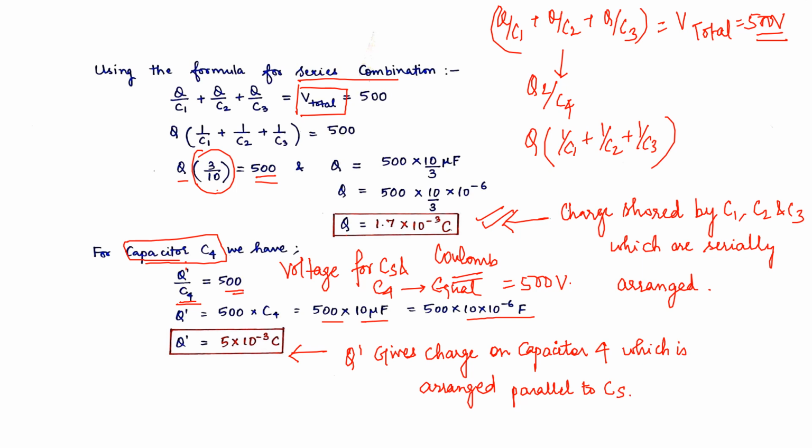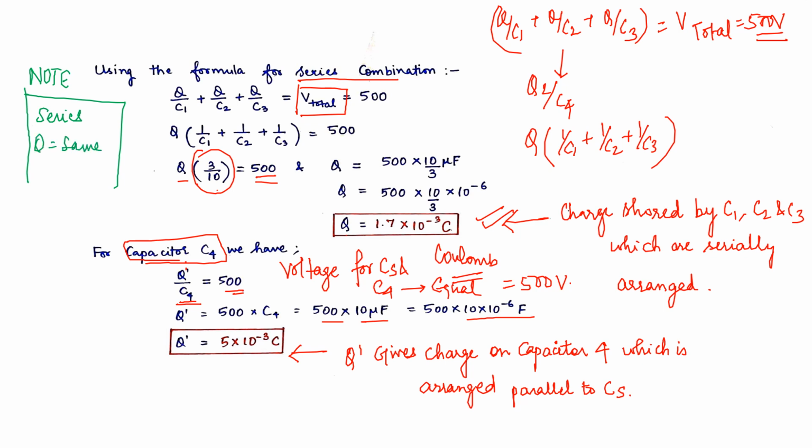So that is the question done. We have found the equivalent capacitance and the charges on the serially arranged combination of capacitors and the parallelly arranged capacitor. Over here the single point which you should aim to remember always and always make a note of: in series combination, charge is the same.